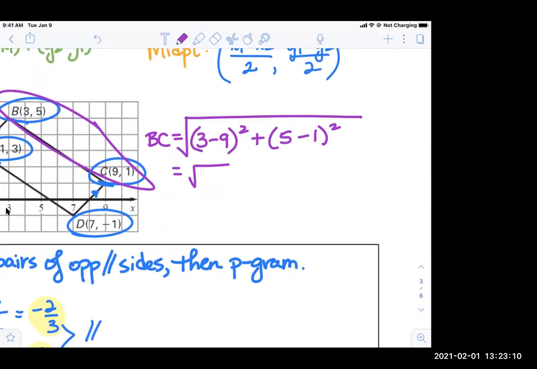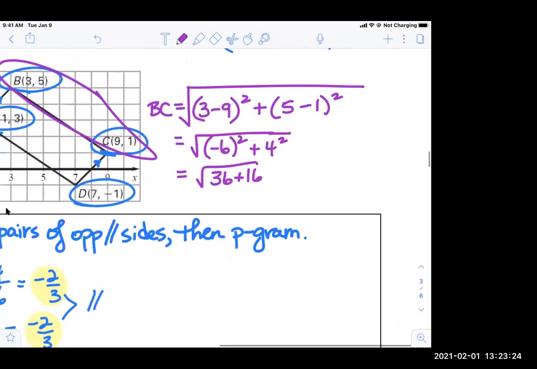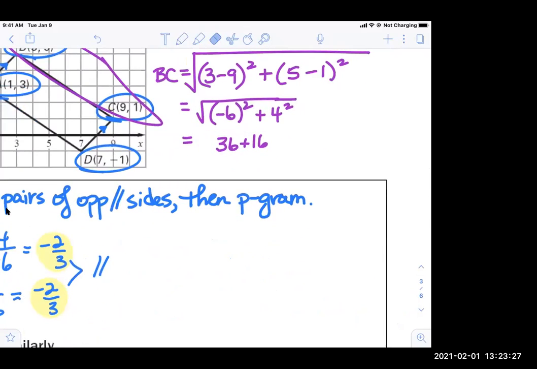So we have the square root of -6 quantity squared and 4 squared. So 36 and 16. So that's square root of 52.